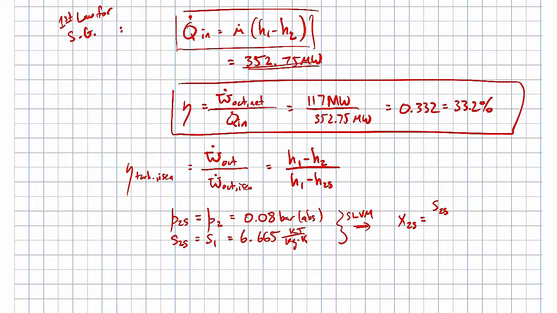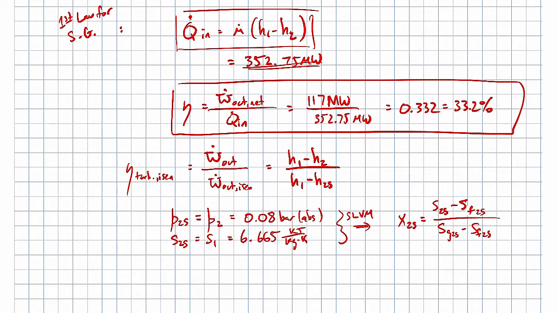For this isentropic case, it'll be S2S, which we know, 6.665, minus SF at 2S, over SG at 2S minus SF at 2S.